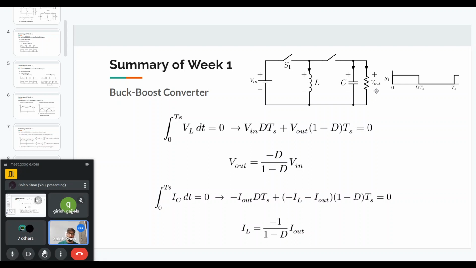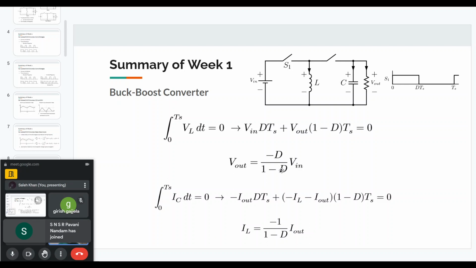Because the output voltage is basically positive at the bottom terminal, current will flow from bottom to top, and that current is negative based on the convention that I have defined. So the inductor current will just be minus the output current based on this convention. So this way you can see how the voltage polarities and the equations come.